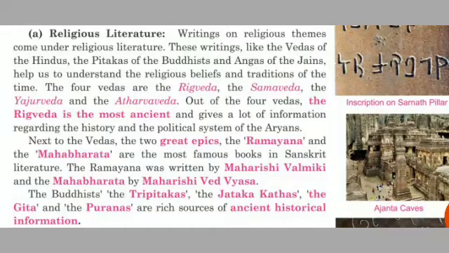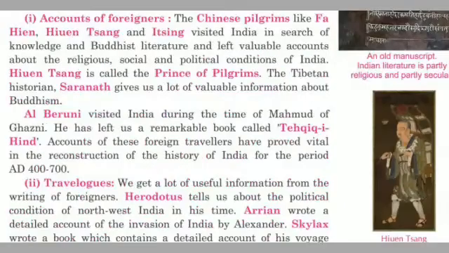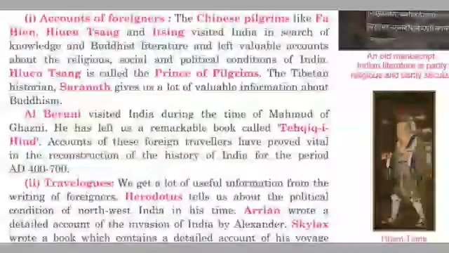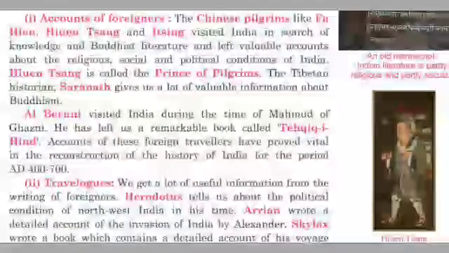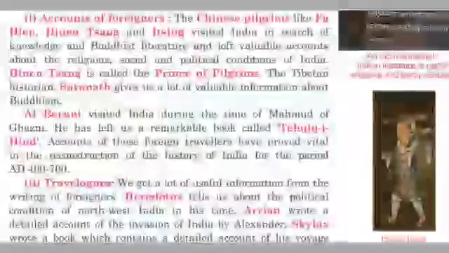Chronicles. The Arthashastra of Kautilya contains a lot of information regarding the system of administration and the social and religious life of the Mauryan period. The Mudrarakshasa of Vishakhadatta gives a story of Chandragupta Maurya and Chanakya. Patanjali and Panini wrote works on Sanskrit grammar.